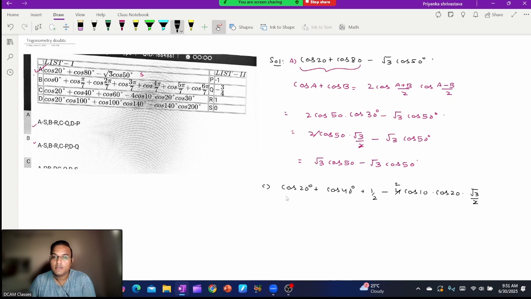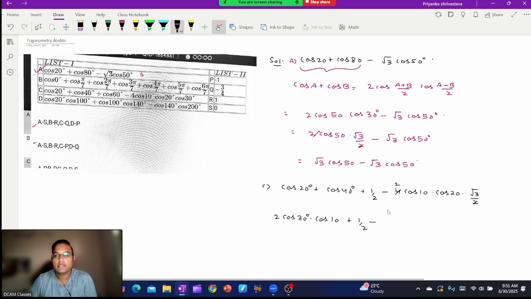So what we'll do is, cos C plus cos D, again we'll apply that formula: 2 cos (C plus D) by 2 is 30, cos (C minus D) by 2 is 10, plus half minus 2.